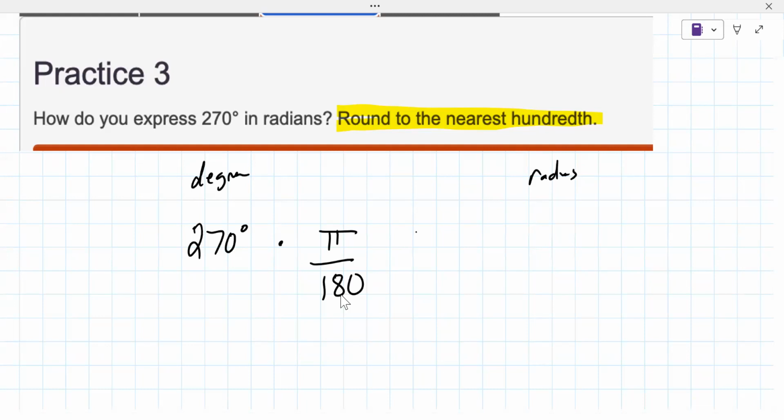And yeah, that would already be rounded to the nearest hundredth. Yeah, it'd be 4.71 because it's rounded to the nearest hundredth. Yep, that's correct.